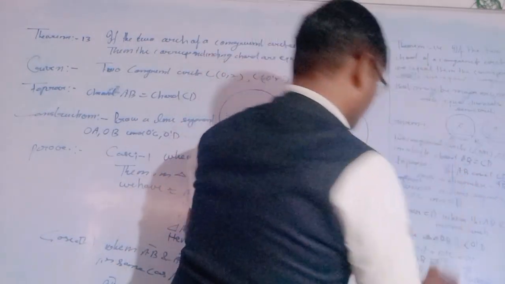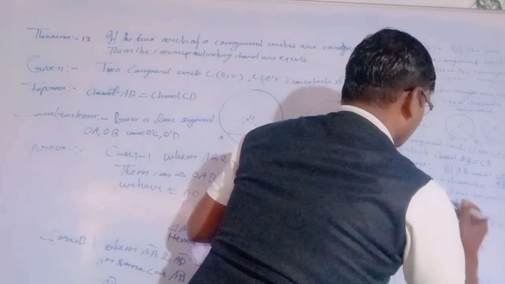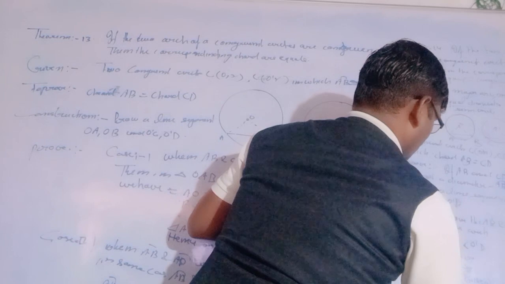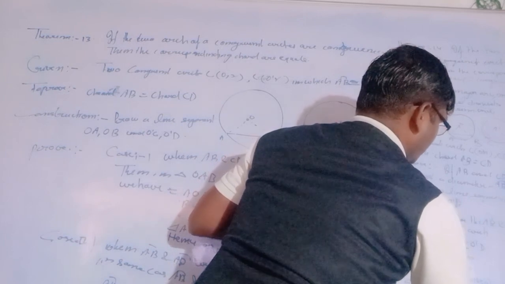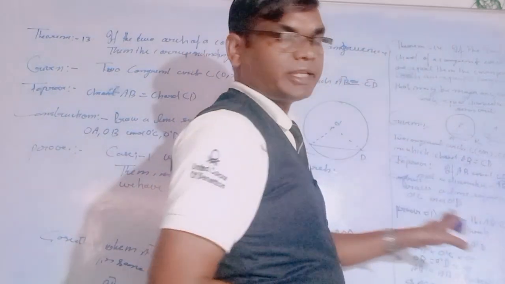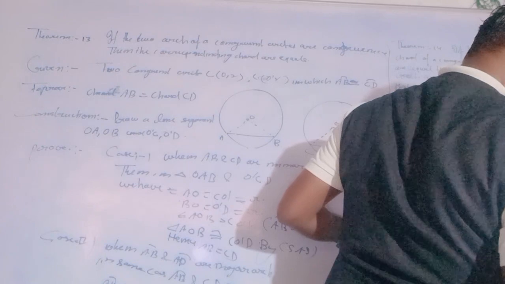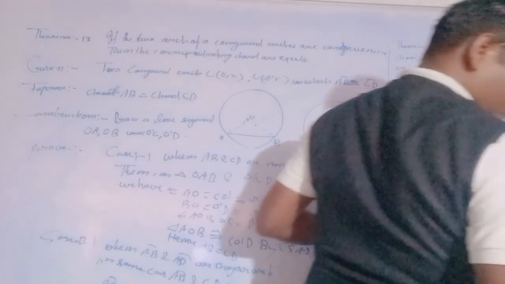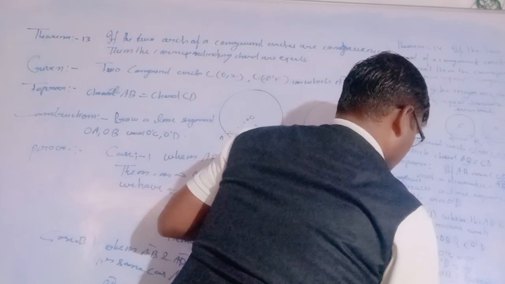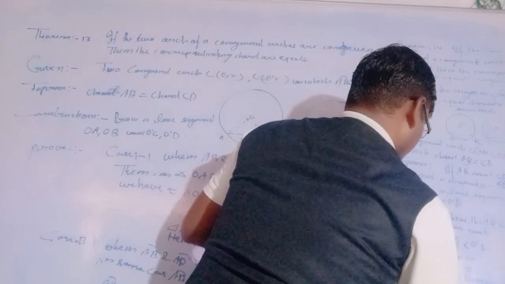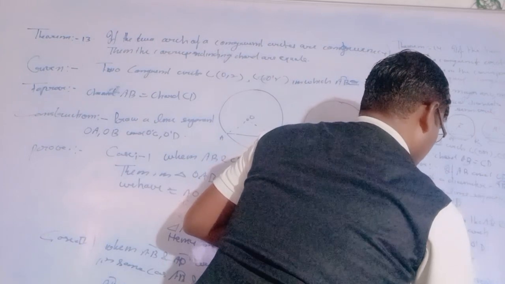And angle AOB will also be equal to angle COD by CPCT. Got it? So we can say that minor arc AB is congruent to minor arc CD.